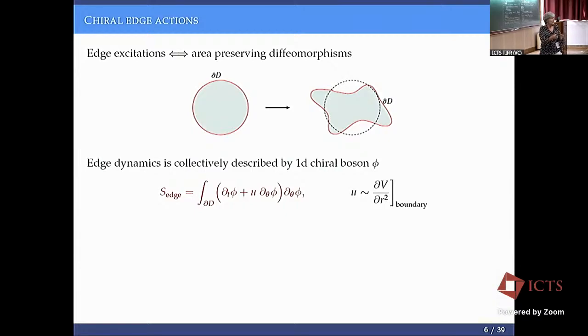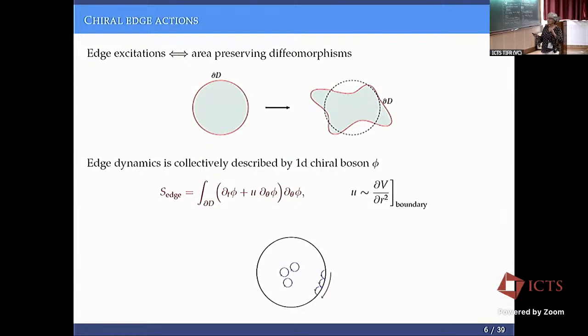So that's incompressibility. Only the edges move, only the boundaries move. And so we can describe the dynamics in terms of a one-dimensional chiral boson. This has to do with the slope of the confining potential. If we write the equations of motion, the propagation is along a particular dimension, along the boundary.